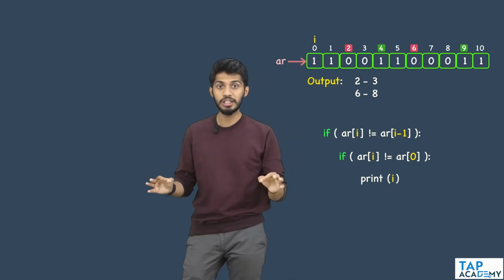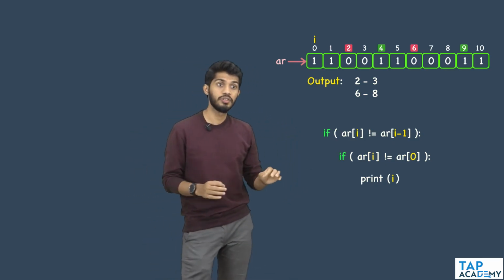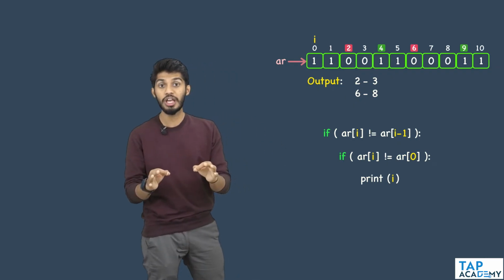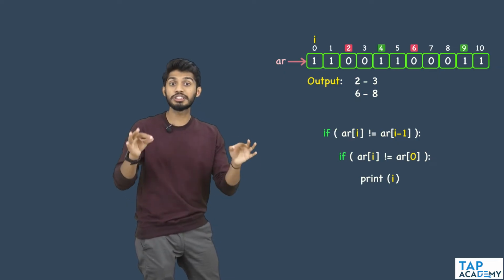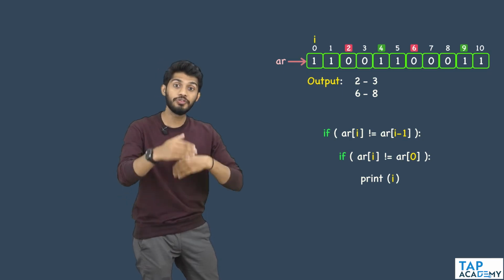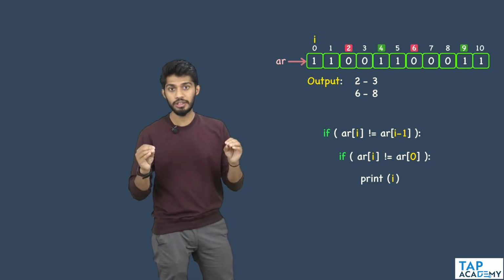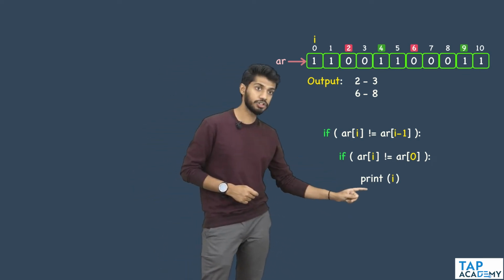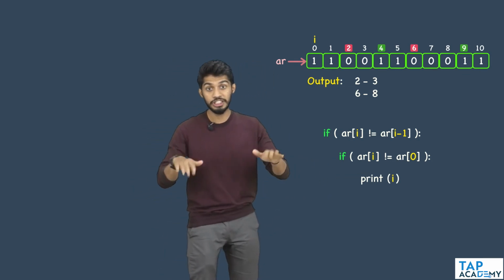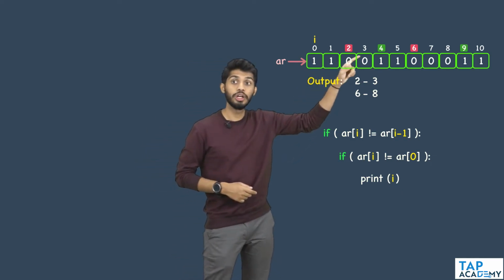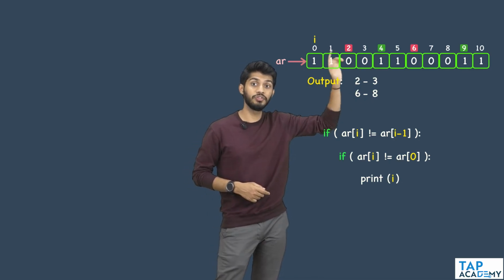So basically, I will first check whether it is a starting index or not. If it is a starting index, I need to check whether it is a starting index of the element I am flipping. And how do I check? By saying if AR of I is not equal to AR of 0. In this case, I will get the starting index of the element that I am flipping. If this is not the case, you know the previous element, which is in which cases it fails.